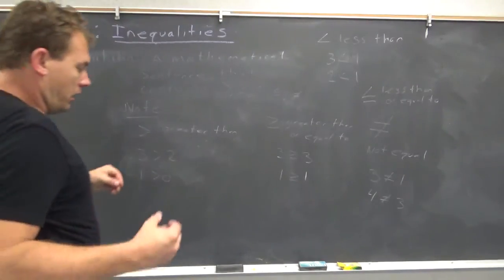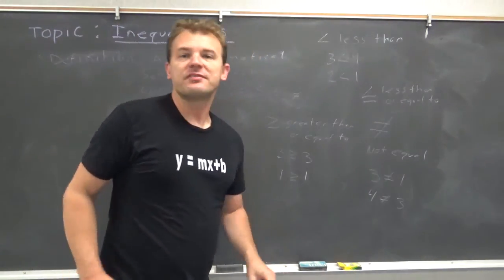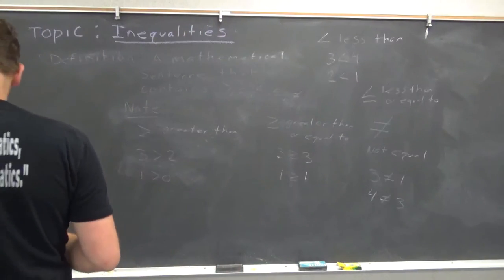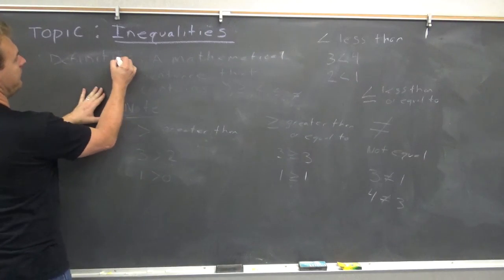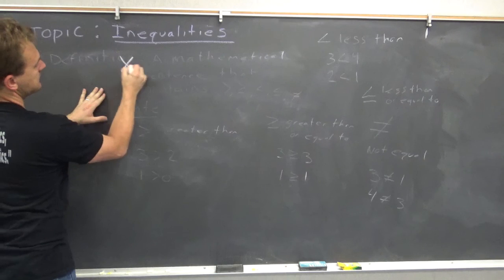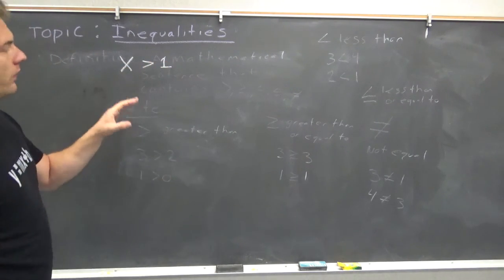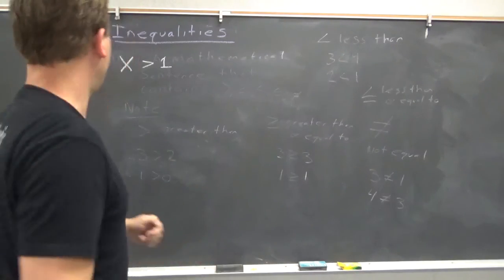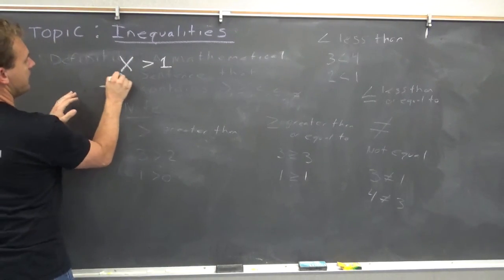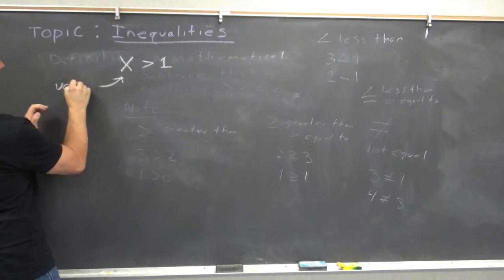So let's put some graphs into it. So when I mean graphs like this, let's say that we have x is greater than 1. Now you're probably thinking, what is x? X is a variable. So we're saying that this is a variable.